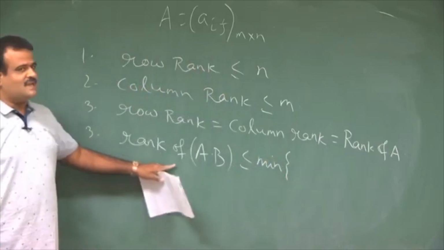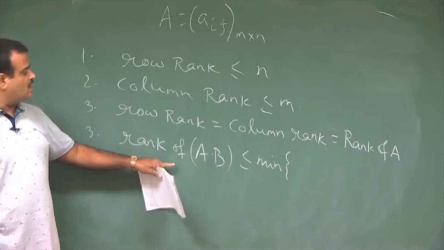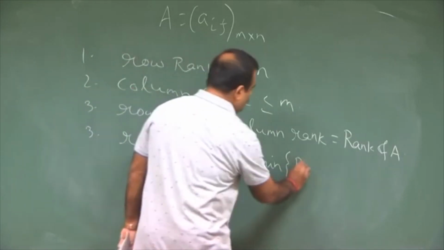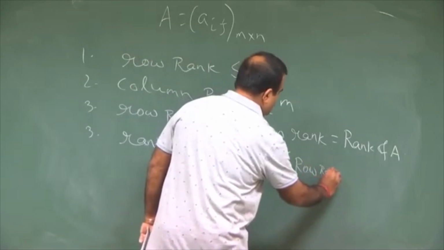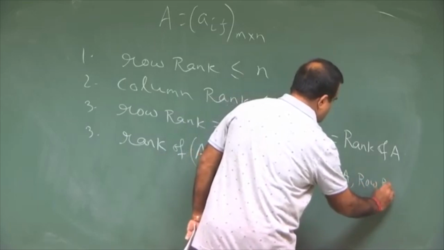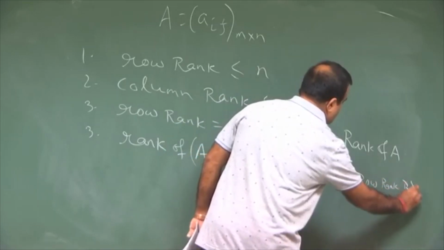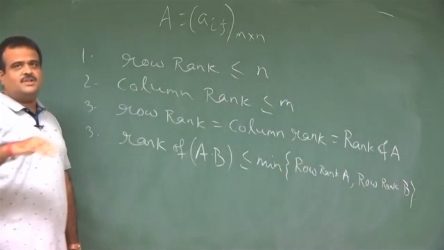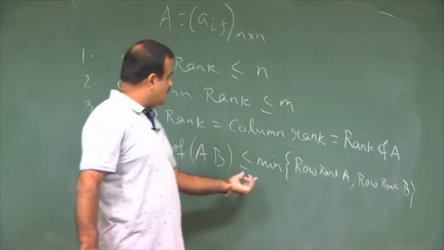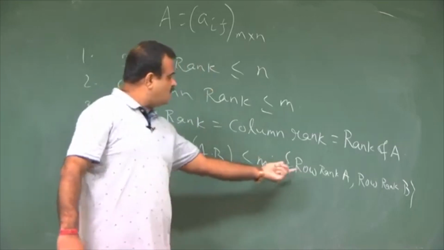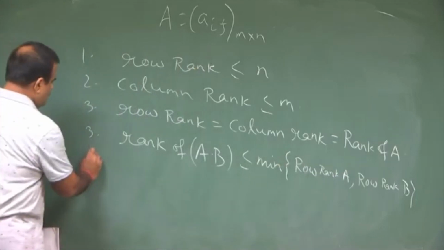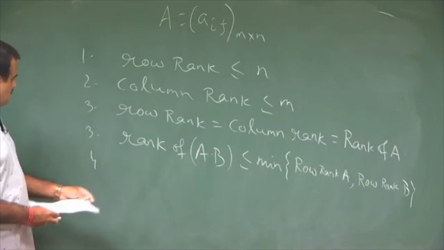Actually, the rank of AB is the same as the row rank of AB, and the row rank of AB can be shown to be less than or equal to the minimum of the row rank of A and the row rank of B, because this is just a linear combination of the rows. And row rank is the same as rank. So, this is less than or equal to the minimum of rank of A and rank of B. We will give the proof in the lecture note.